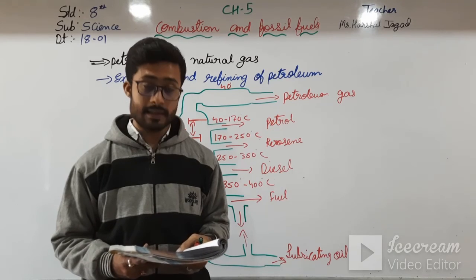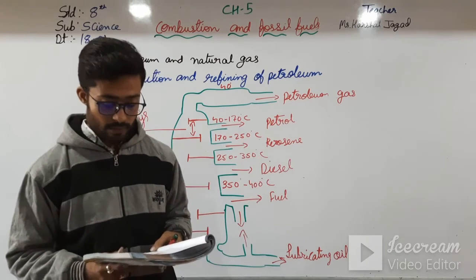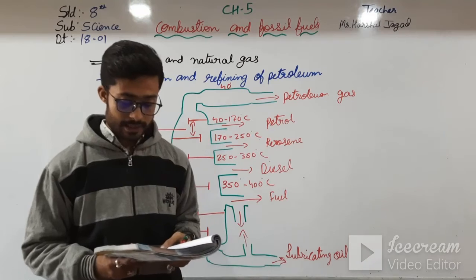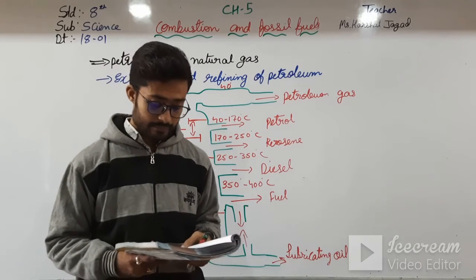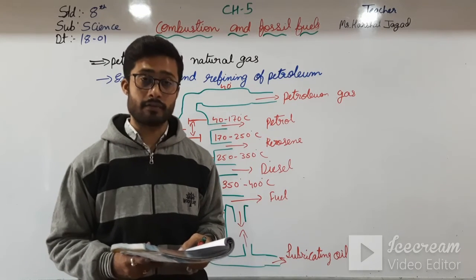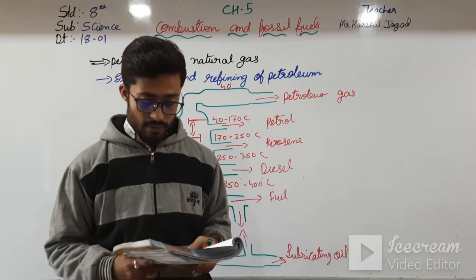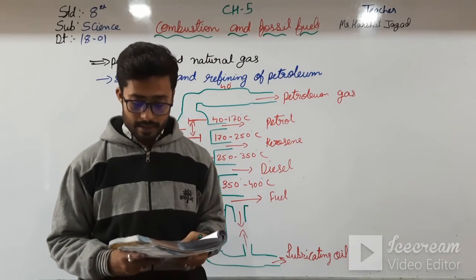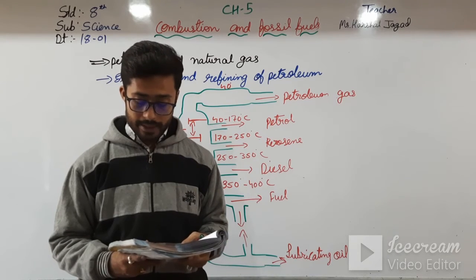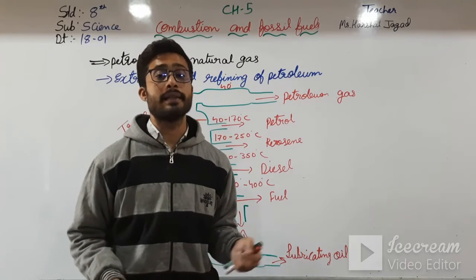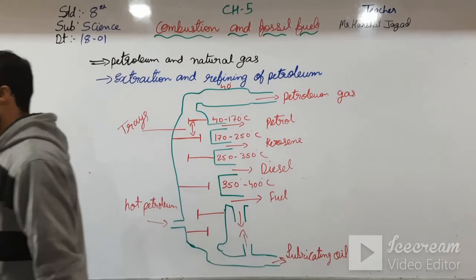Piped natural gas, that is PNG, is supplied to homes through a pipeline network and is used as domestic fuel. It is used for the synthesis of hydrogen and ammonia. It is used in the production of synthetic fabrics, plastics, paints, etc. Okay, these are the uses of natural gas.